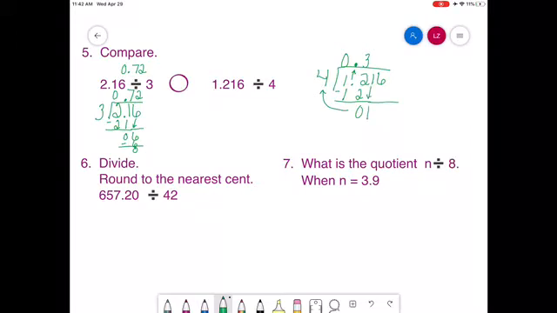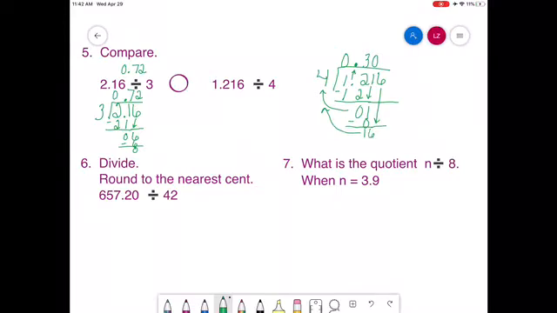And we start over. Whenever you bring down, you have to do it all over again. You can't stop. All right, 4 goes into 1. 0 times. So we do put a 0 up there, and we do all of the steps. 0 times 4 is 0. Subtract, and we get a 1. 1 is less than 4, so we can bring down our next number.